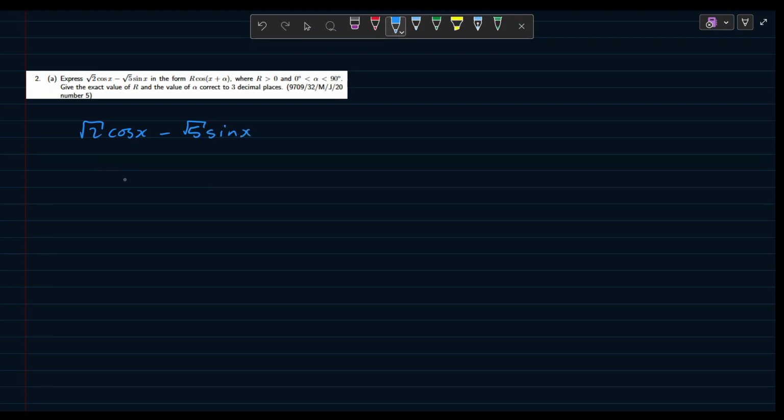Alright, so we want to write the sine x first, so that's negative root 5 sine x plus root 2 cos x. Alright, and this should be equal to r cos x plus alpha.